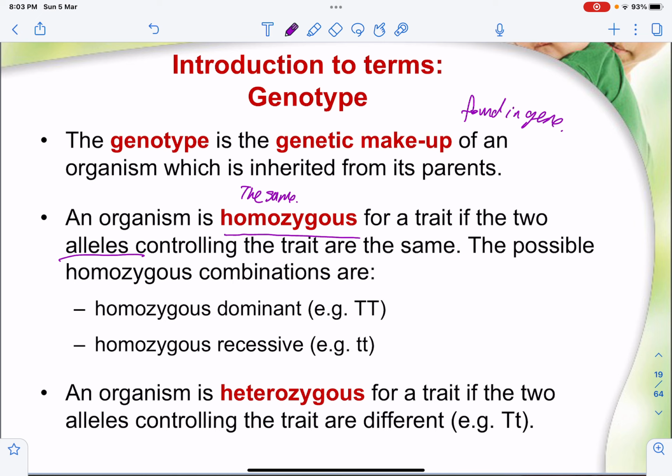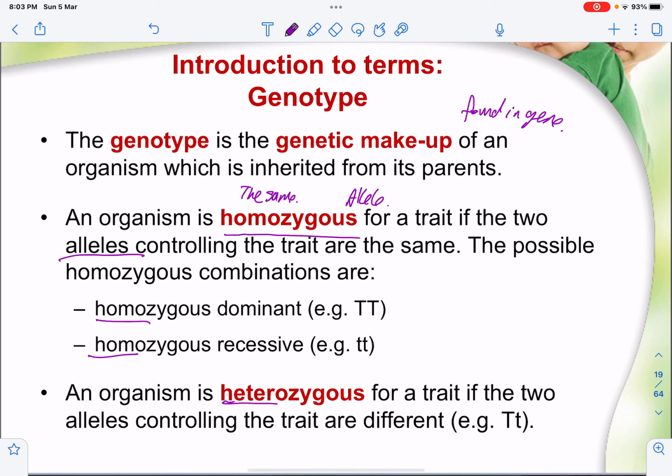So they are homozygous dominant. Whereas if they are all small t, they are both recessive. So you say that they are homozygous recessive because they are the same. So this word refers to the allele and not the chromosome.